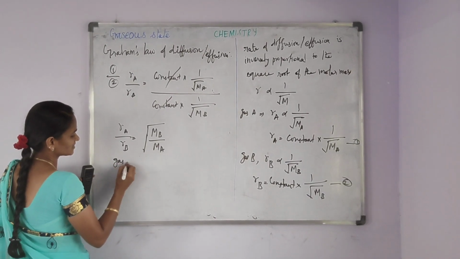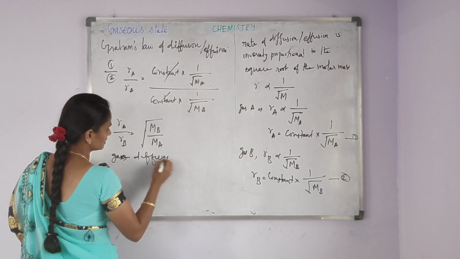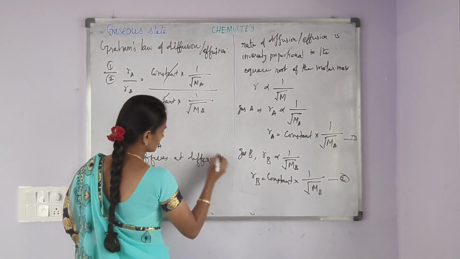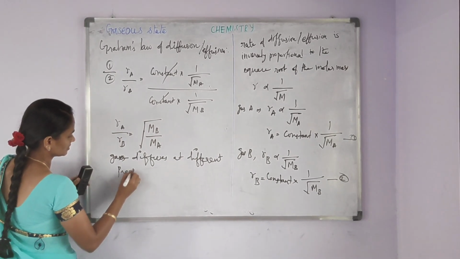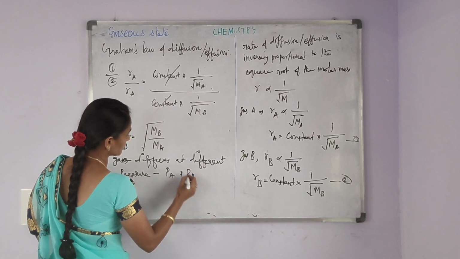If the gases diffuse at different pressures, the pressures are represented as Pa and Pb.